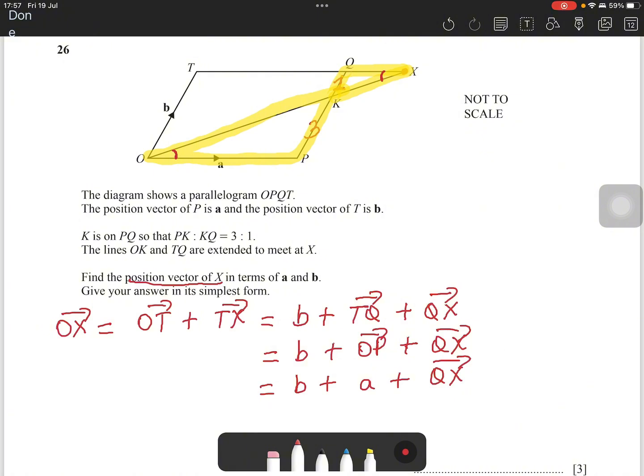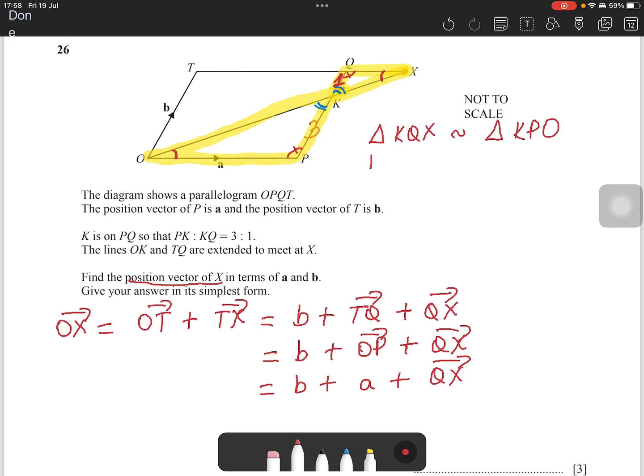The same for the other two angles here, they are also alternate interior angles. Or you can say because this angle K and this angle K are the same, they are vertically opposite angles. So we say that the triangle KQX is similar to triangle KPO.